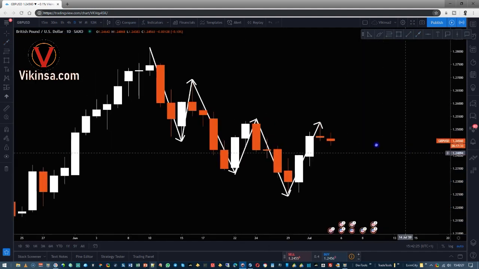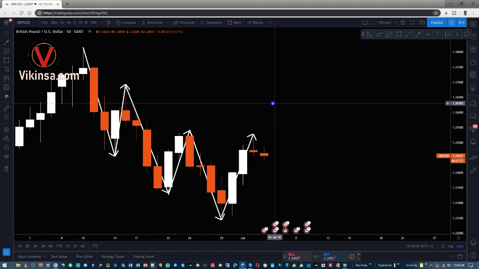So as you can see, the market is probably going to create a complex W pattern or multiple W patterns. You can already spot that we have a W pattern in the making right now.